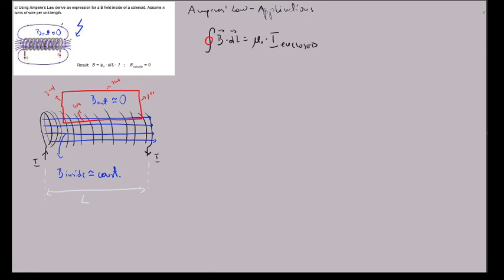In other words, this integral here on the left hand side of B dot dl, where I integrate the magnetic field along the path chosen all the way around the closed loop, would just amount to B dot dl along the first part of the loop, plus B dot dl along the second part of the loop, plus the same thing along the third part of the loop, and then the fourth part of the loop as well.